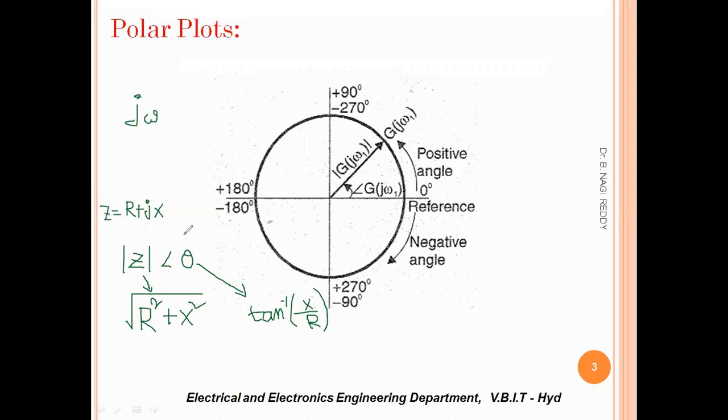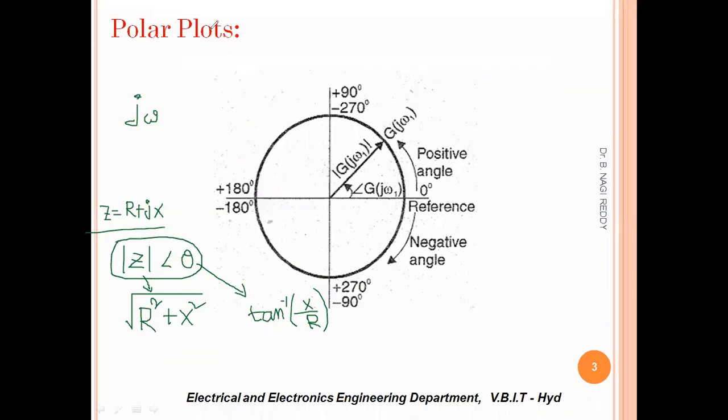Of course, we have seen these conversions in mathematics as well as in the network analysis subject. So we can represent any complex number in the form of a rectangular coordinate system or in the form of a polar coordinate system.